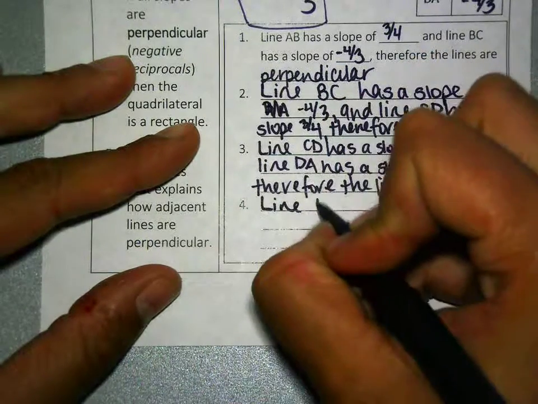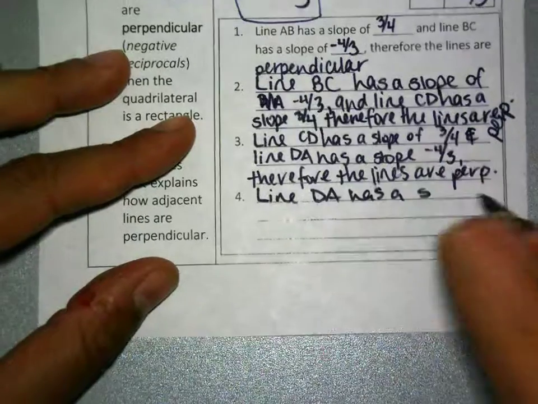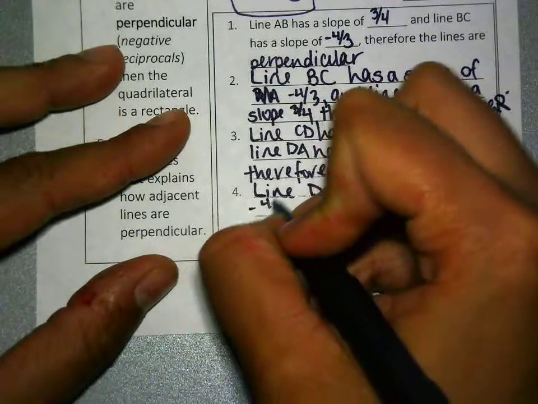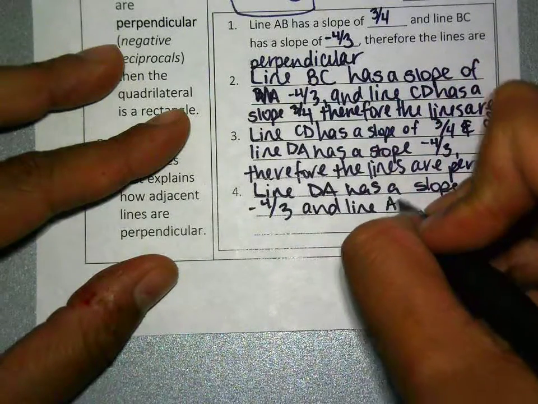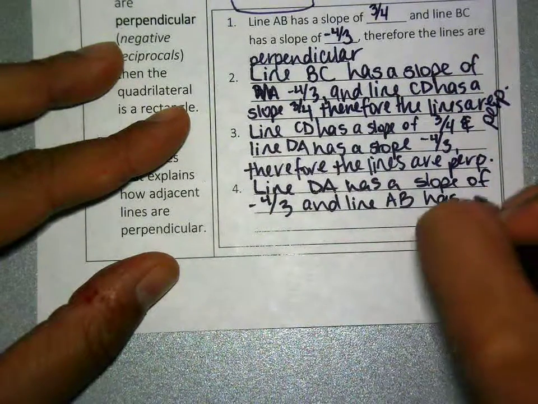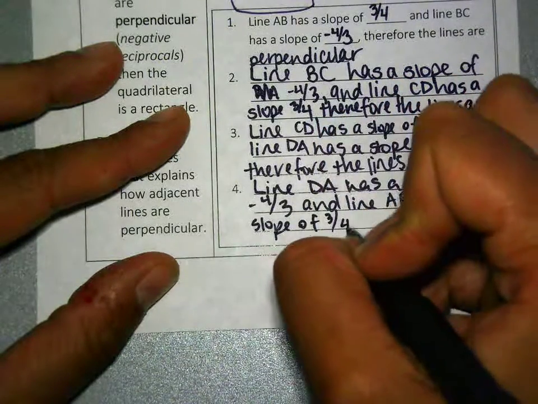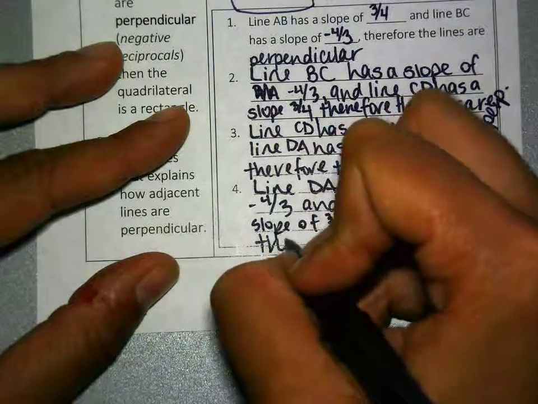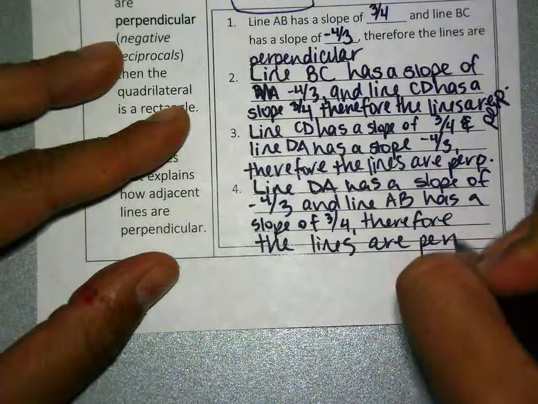Line DA has a slope of -4/3, and line AB has a slope of 3/4. Therefore, the lines are perpendicular.